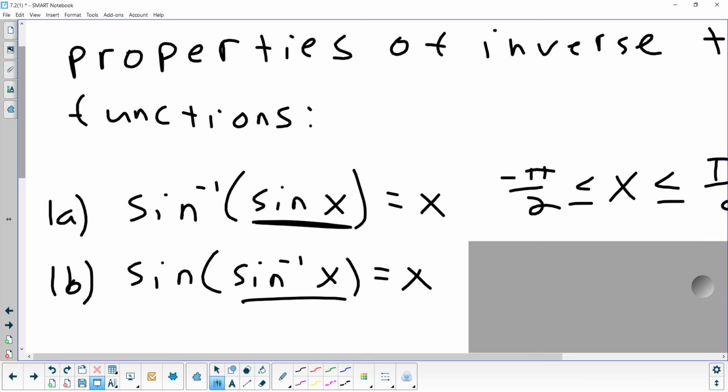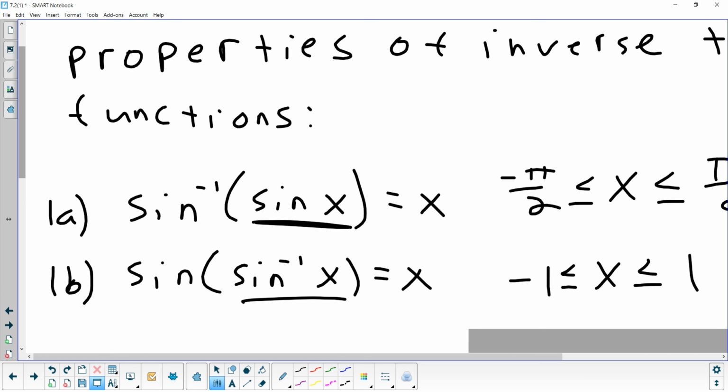The way you figure it out is always ask yourself, what's the domain of the inside function? What's the domain of inverse sine? And if you can't think of the domain of the inverse, think of the range of the original. How high and low does original sine go? That'll tell you the answer. Negative 1 to 1.